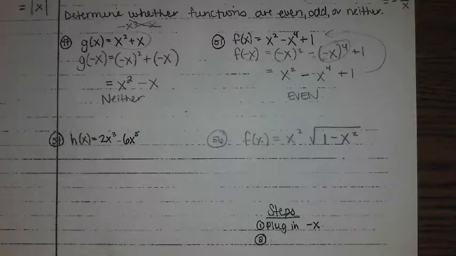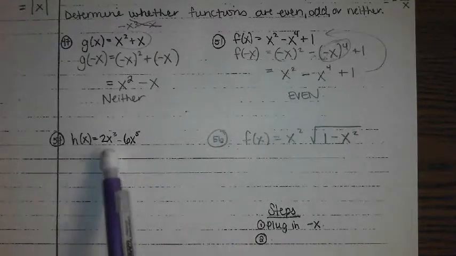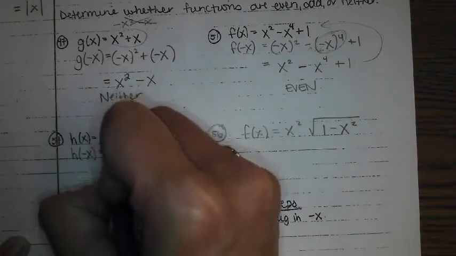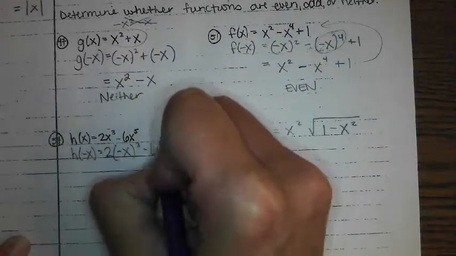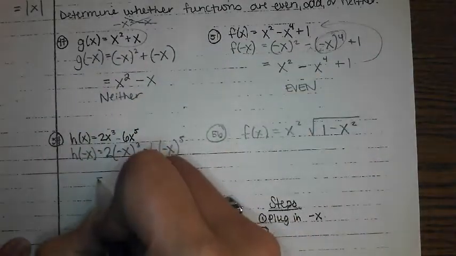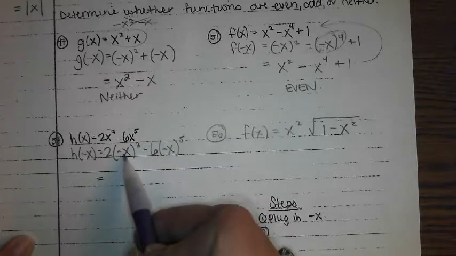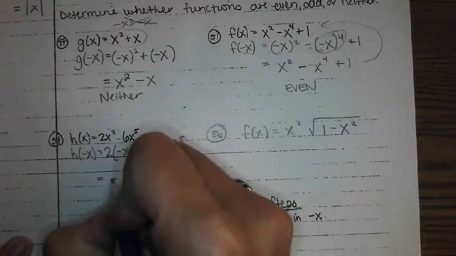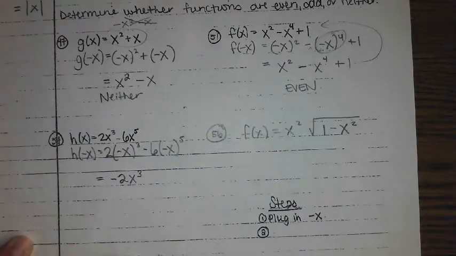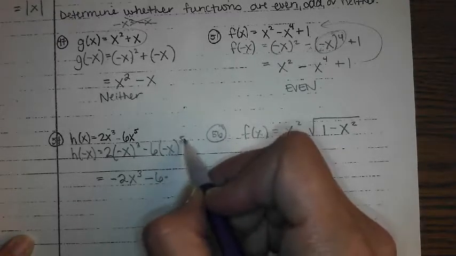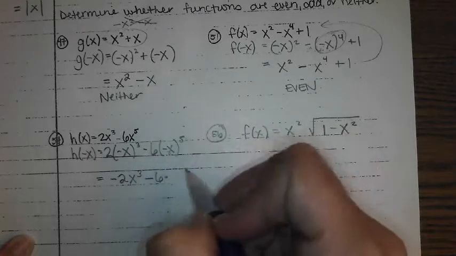Anyone get number 54 yet? Connor, what'd you get? 54. This one. Did you get even or odd? Yes. Odd. So we plug in negative x. And when we cube this, the negative's still going to be there, yes? So I'll just bring that negative out in front, negative 2x cubed. Minus 6 times, when I raise this to the 5th power, that negative is still going to be there.